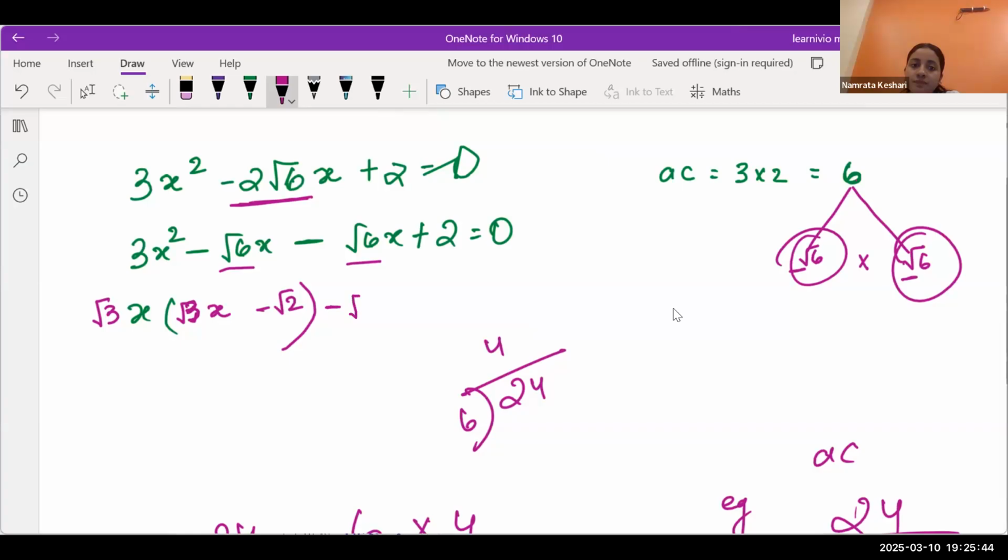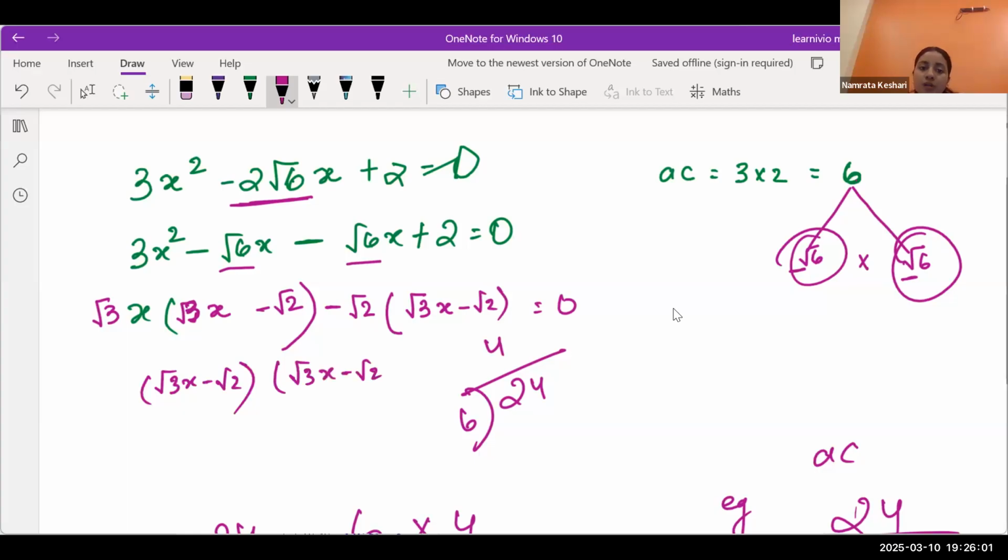Yes, ma'am. And now we are done. Now you can write two brackets, that is √3x minus √2 in one bracket, and in another bracket, still √3x minus √2 is equal to 0.